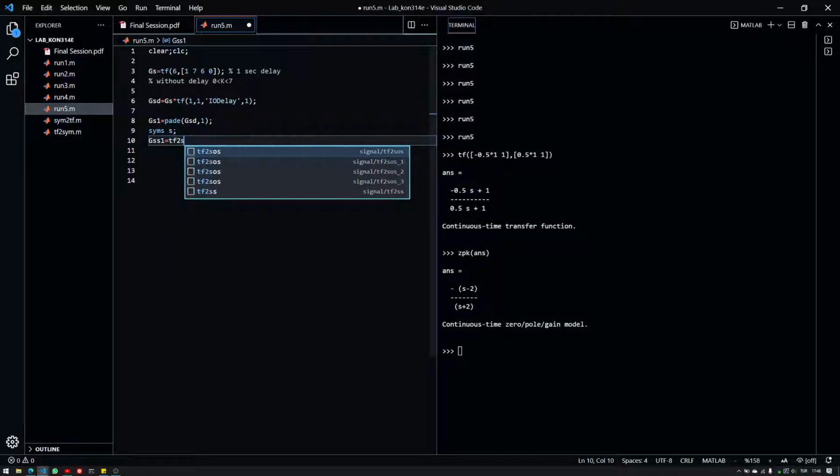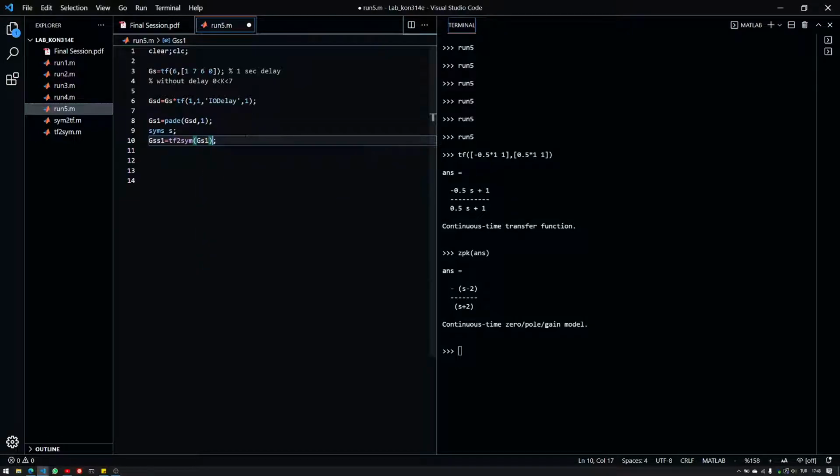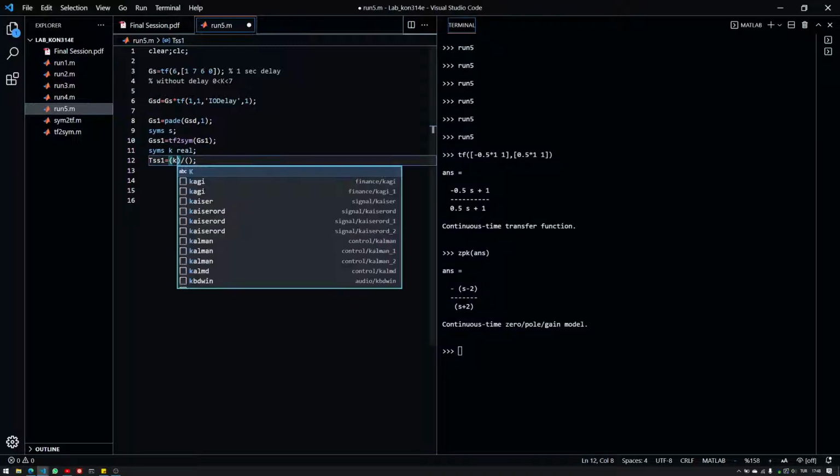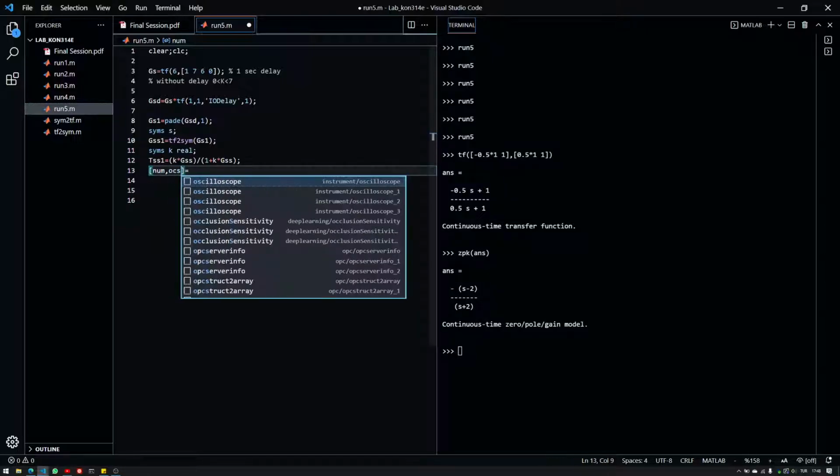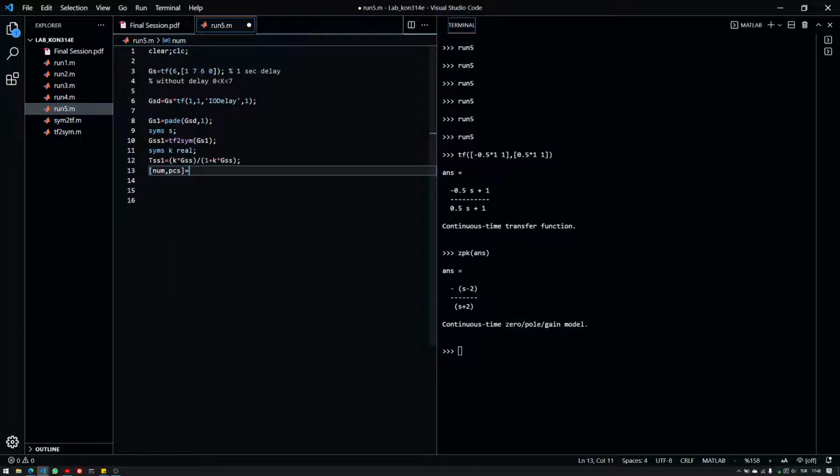So tf2sym, GS1, and then we would have TSS1, which would be the closed loop, since K is real, and then as usual K times GSS, and then 1 plus K times GSS, and then the numerator and denominator of the characteristic polynomial. I can also name it like this, num of TSS1.